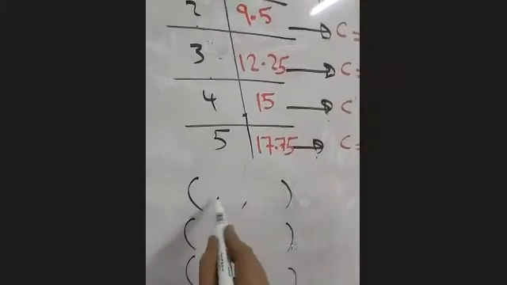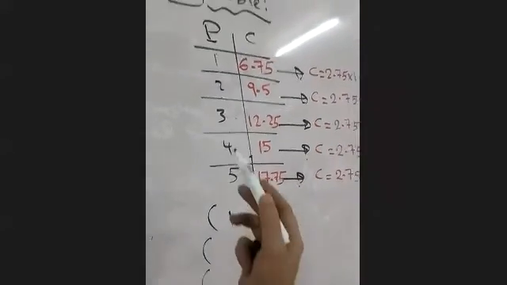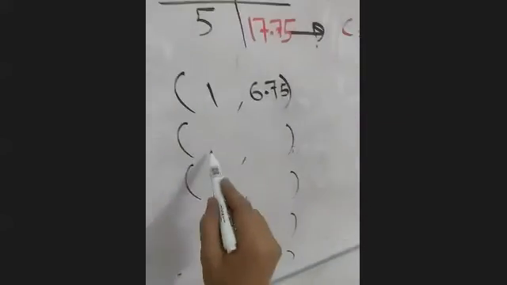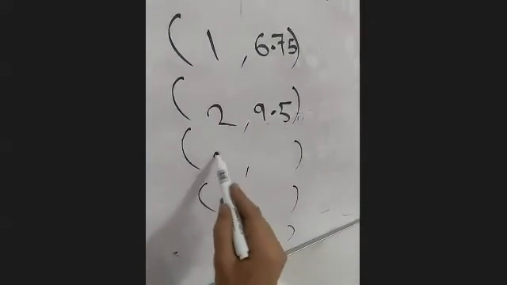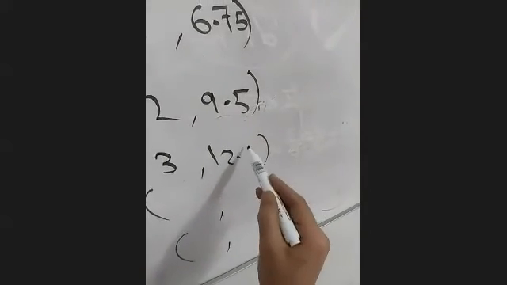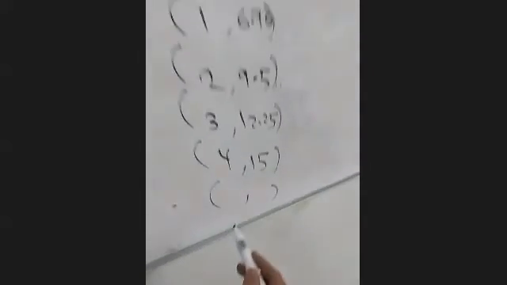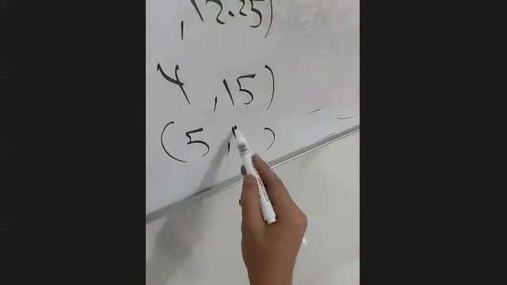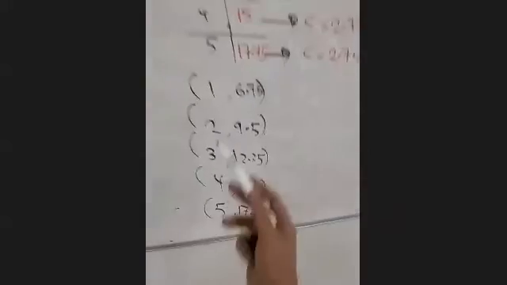This is the first ordered pair. 2 with 9.5, 3 with 12.25, 4 with 15, 5 with 17.75. Now I have 5 ordered pairs.